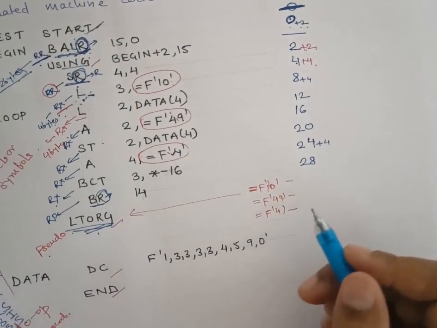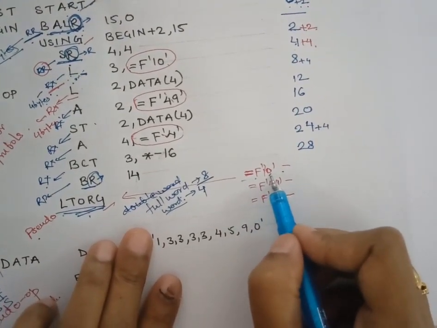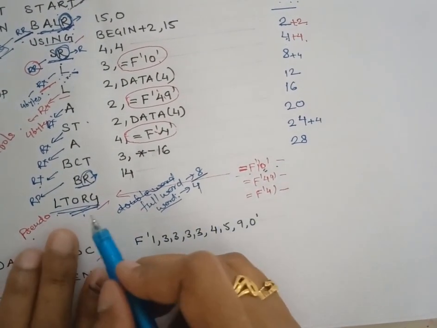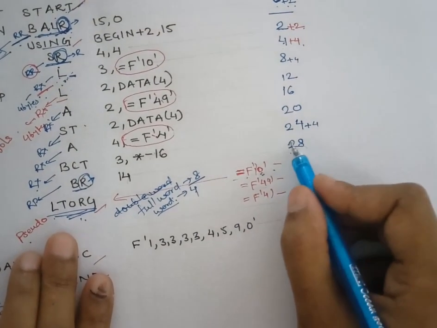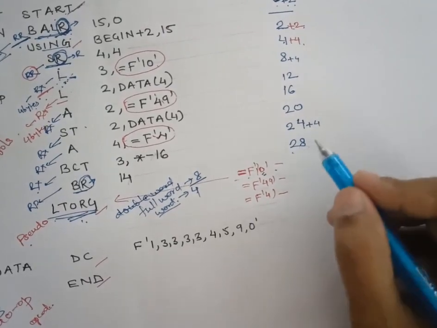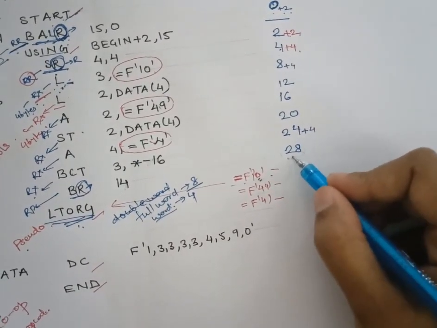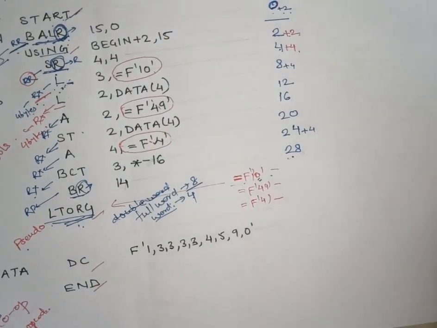when we are having the LTORG instruction, what we are going to allot to the F of 10 literal in LTORG is whether the previous one is the complete full word or not. There is a simple technique to recognize whether it is a full word or not: we have to read the table of 4 simply.